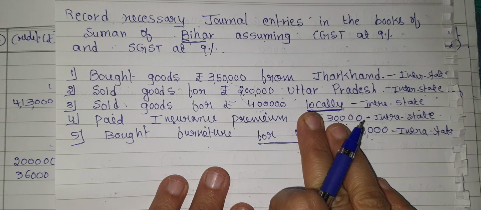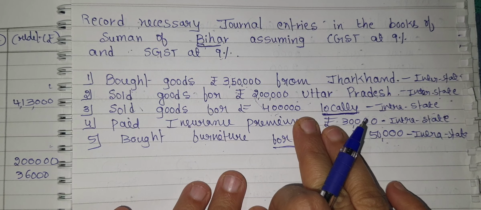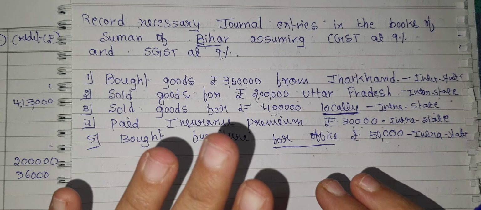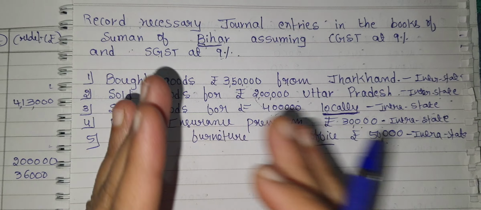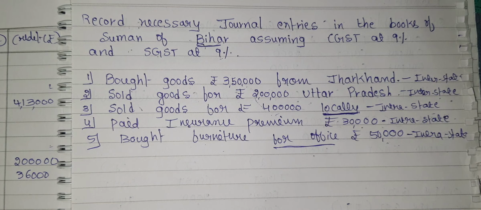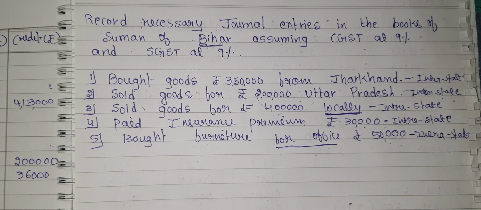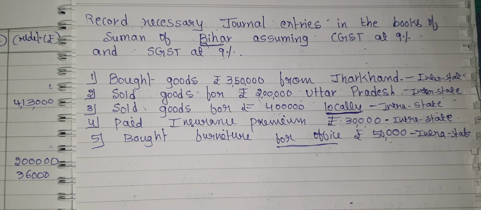Now, after passing these journal entries, we have to calculate the net amount of GST that is payable to the government. So how do we calculate the net amount of GST payable to the government?